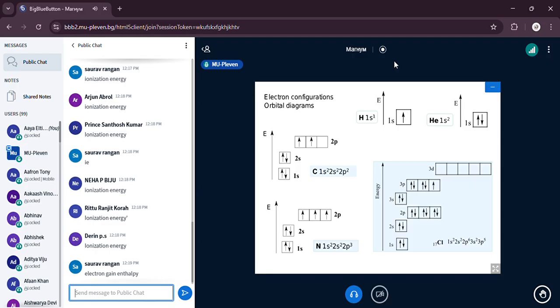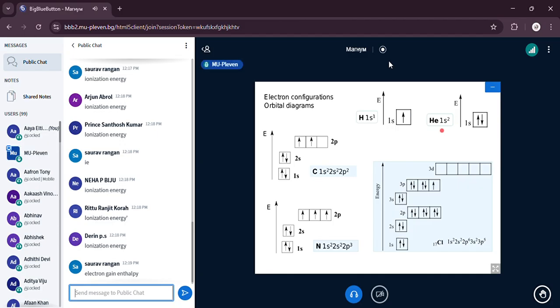The electronic configuration of atoms of the elements can be represented by formulas. This is the formula of the hydrogen atom, 1s1, and by orbital diagram.